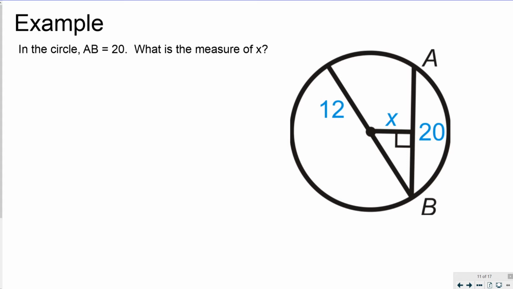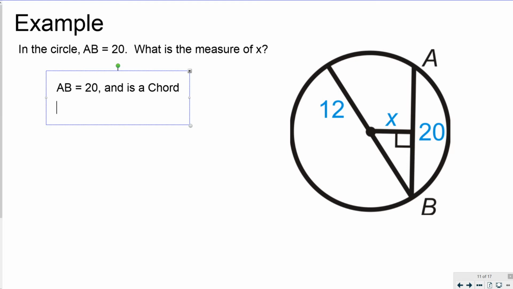Taking a look at another example of the radius chord diameter or radius chord 90-degree angle property. In the circle, AB is 20. What is the measure of X? Okay, so let's take a look at things that we know and we are given here. So AB equals 20 and is a chord.